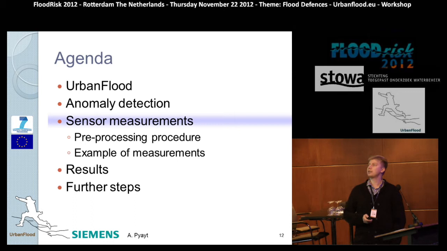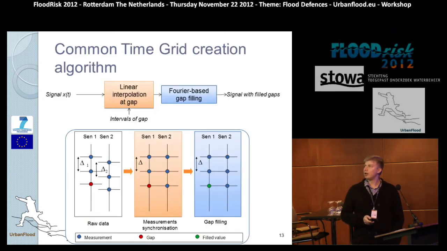Now about the problems we have with sensor measurements and about the required preprocessing procedures. Usually we have gaps in measurements, there are jitters, and measurements are gathered not simultaneously from all sensors.